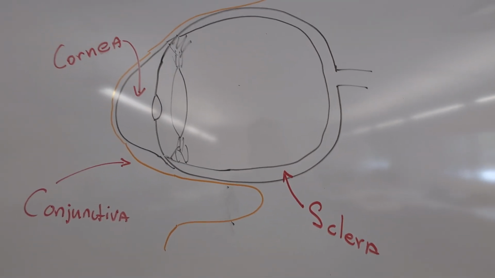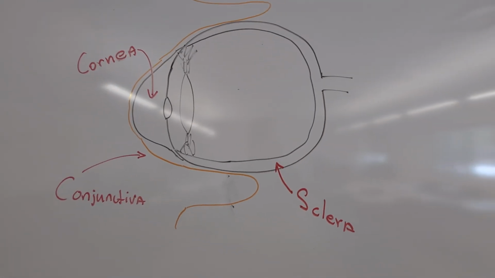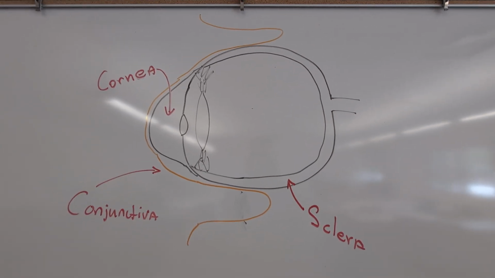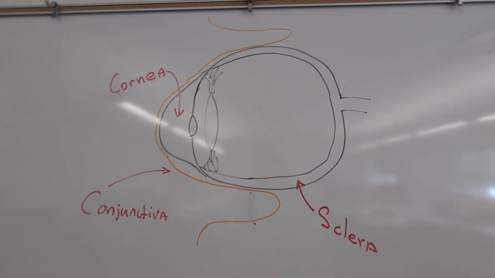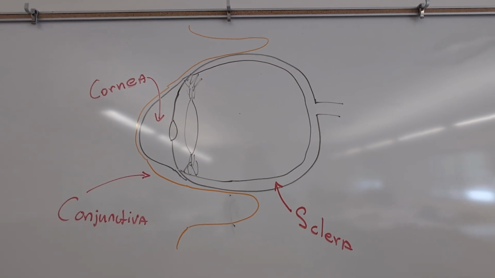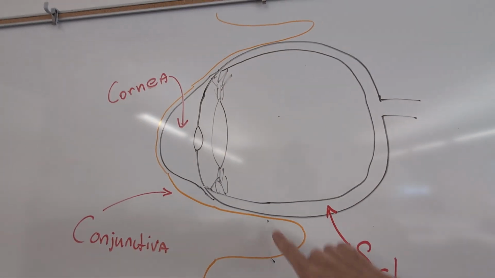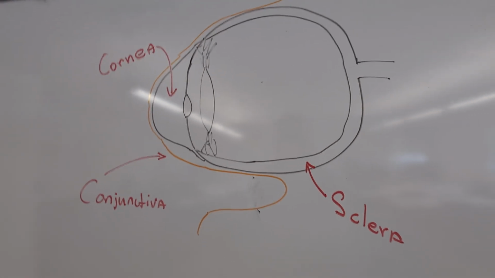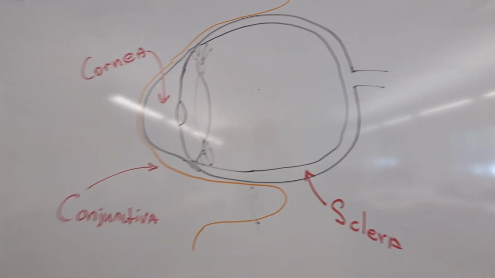It's about 1 millimeter thick at its thickest, and a little less than that, maybe 1/3 to 1/2 of a millimeter thick at its thinnest, where the muscles attach to the eye, to the sclera. So that's what the sclera is.